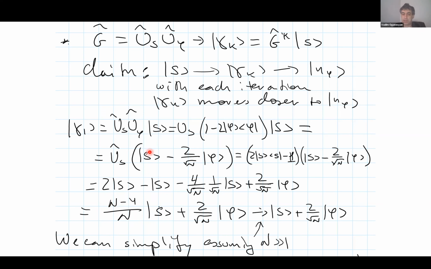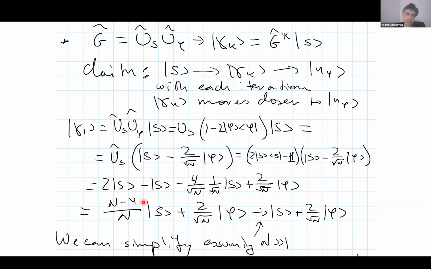So you're basically applying this unitary to S, but it's mostly an identity. It's giving you S back with a slightly diminished coefficient. The thing that we're watching for is how you're moving weight from S, the initial state, to the desired state phi, okay?